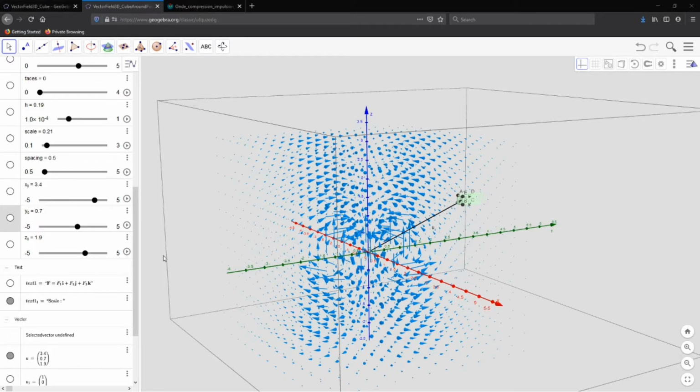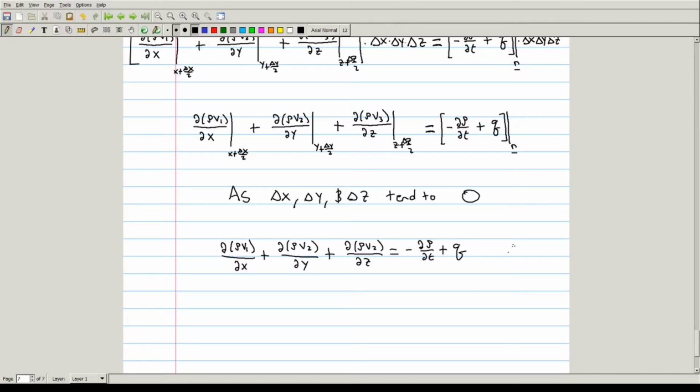And this is why this is so important, because what we've just done is essentially derive what's called the continuity equation. This is an example of the three-dimensional continuity equation, the equation that expresses conservation of a given quantity, conservation of the quantity rho, in this case the mass density function.